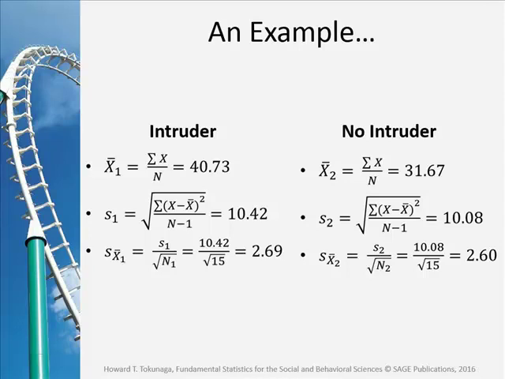The mean is different. Now, if there is no effect of having an intruder behind you, what number up there should be different? Only one of them. If there is zero effect of having an intruder, what number on the screen should be different? And what should that number be?